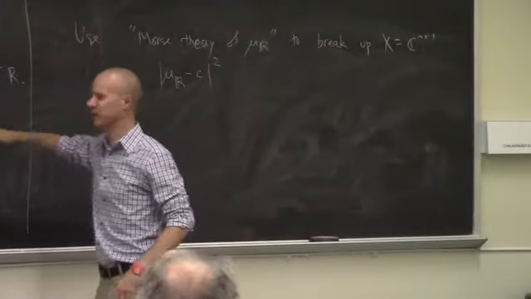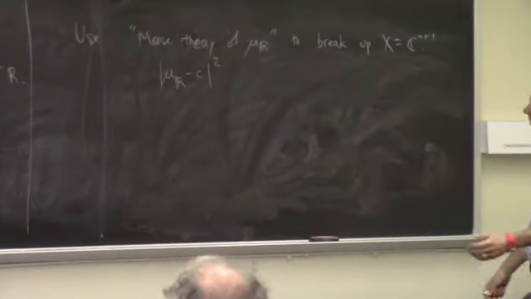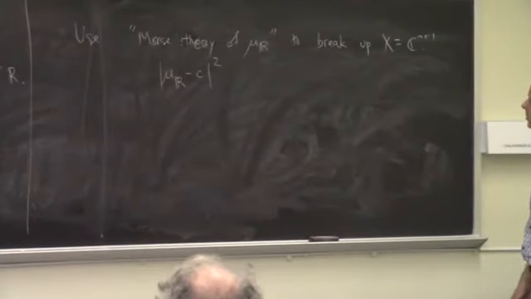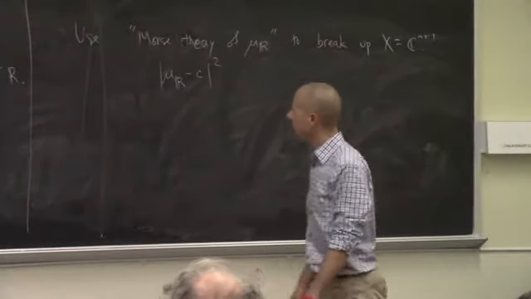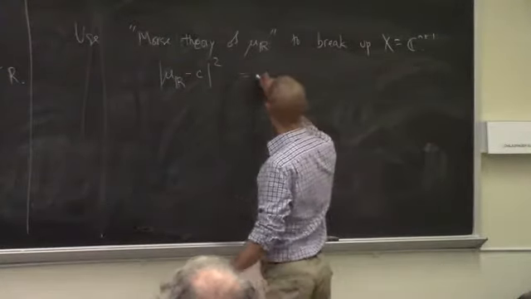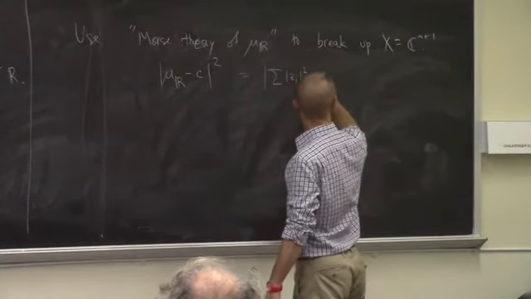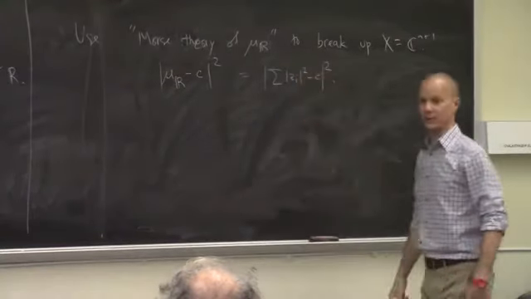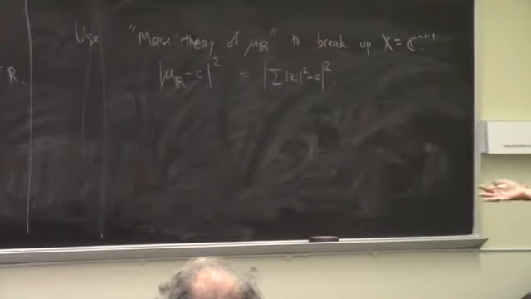But I could make sense of this in general. If I have something valued in a vector space, I could take the length squared of that thing if I pick an appropriate inner product on that target vector space. And in my particular example, I'm just looking at this function, and now you can see what the critical locus is. It consists of that sphere together with the origin.